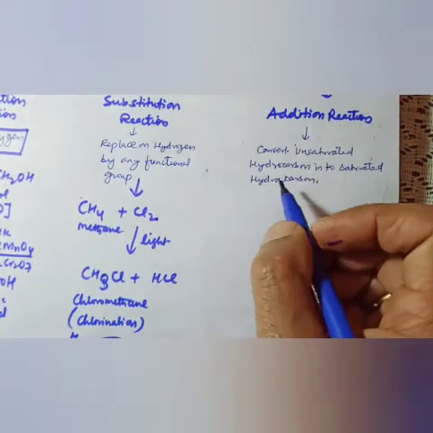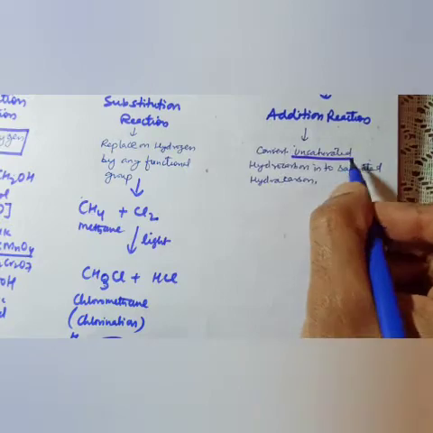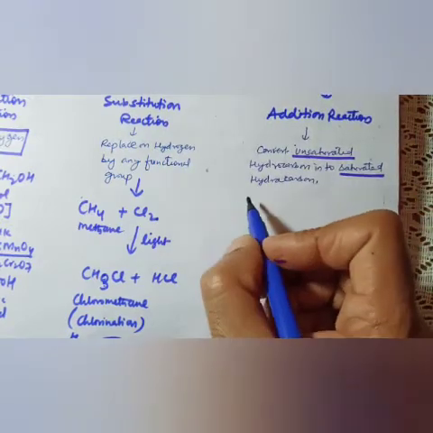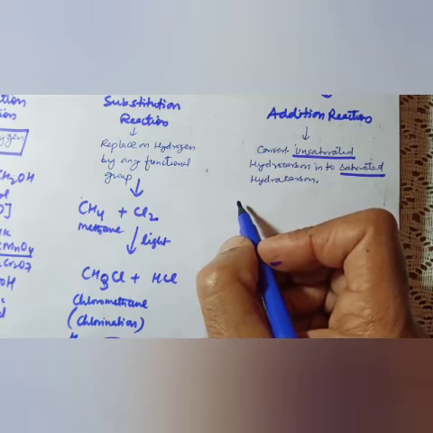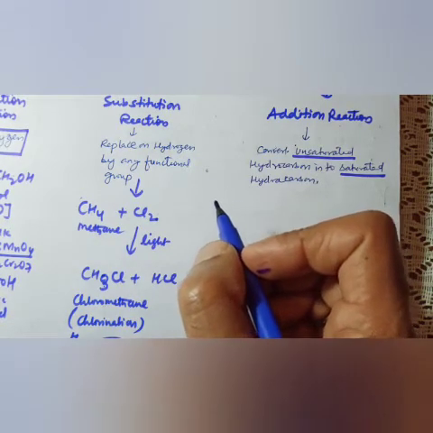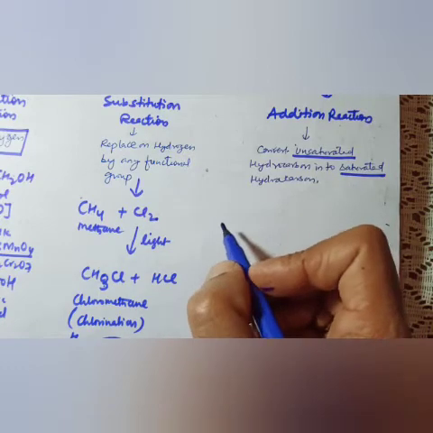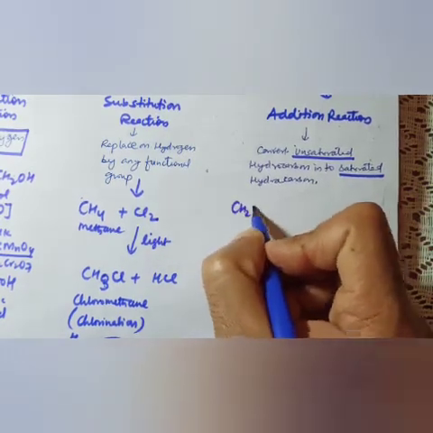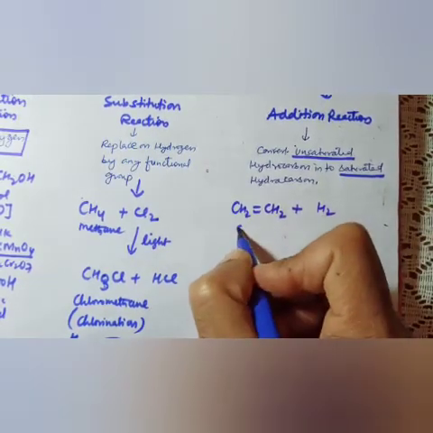Now addition reaction. In addition reaction, there is a conversion of unsaturated hydrocarbon into saturated hydrocarbon. It means that double bonded or triple bonded carbon will convert into single bonded carbon. In this reaction, unsaturated hydrocarbon combines with another reagent to give a single product. Alkene or alkyne will change into alkane. So let's take an example.